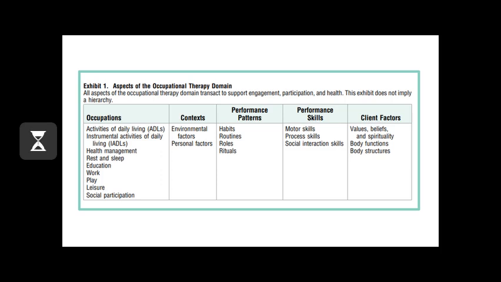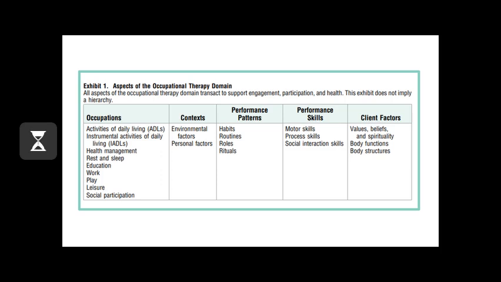So, occupations, you should be able to say these with your eyes closed: ADLs, IADLs, health management, rest and sleep, education, work, play, leisure, and social participation. Those are the areas that we assess performance in. The environmental contexts, or the context, include the environmental factors and personal factors.